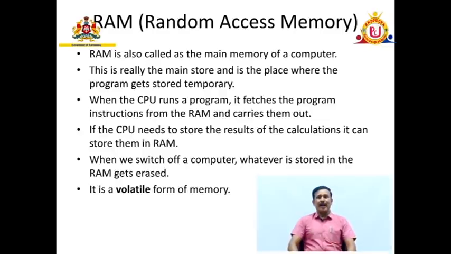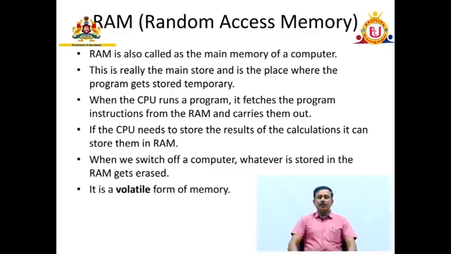That is RAM. It is a volatile memory, because always the information will get changed. We can store and retrieve, we can erase. That's why this type of primary memory is called volatile memory.